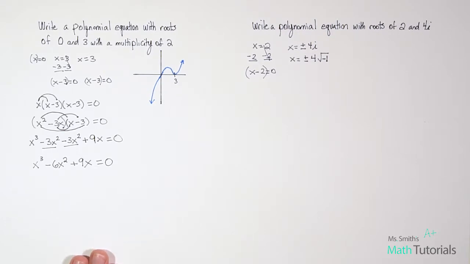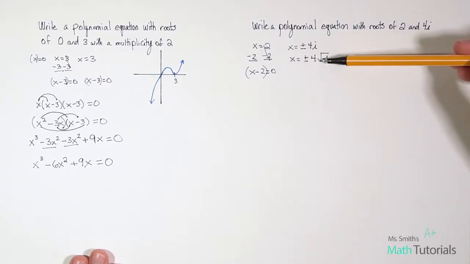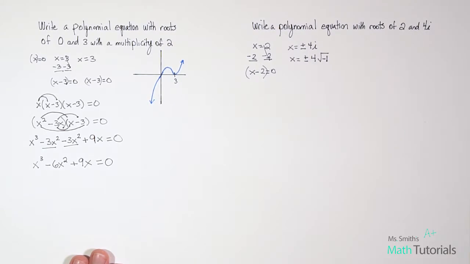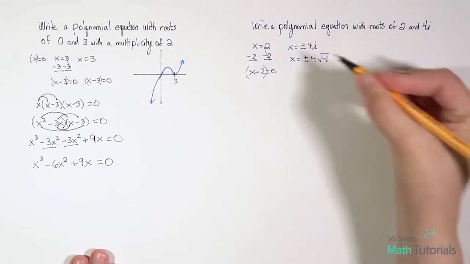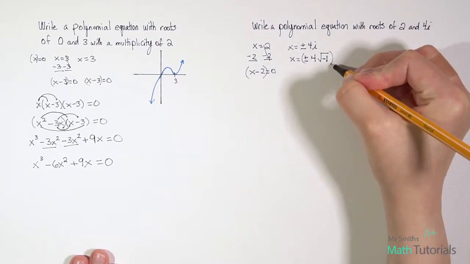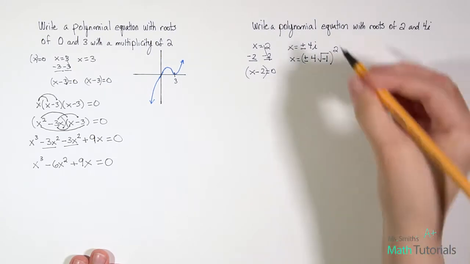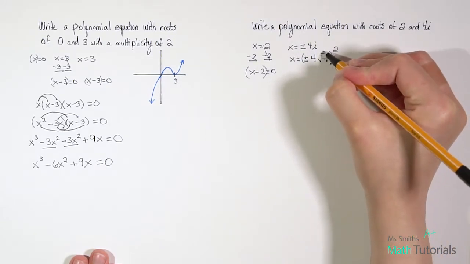Remember that I can get rid of a square root, this radical right here, by squaring it. The inverse of a square root is a square. I'd take this whole side and square it, and that gets rid of the plus or minus and the radical.